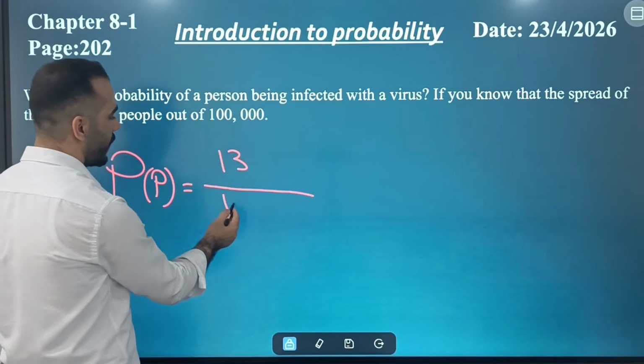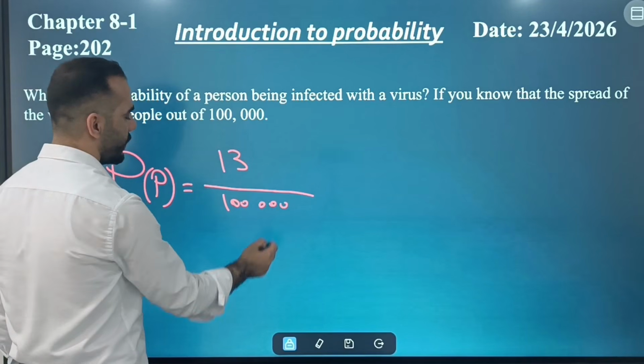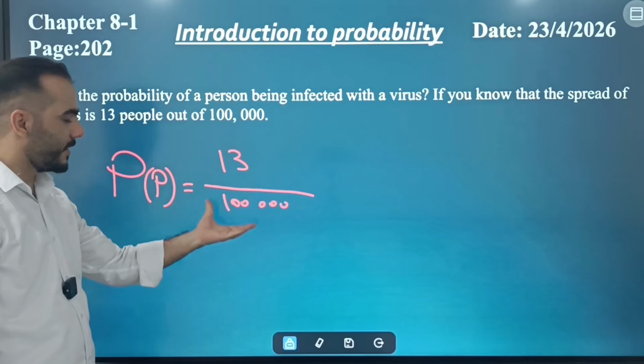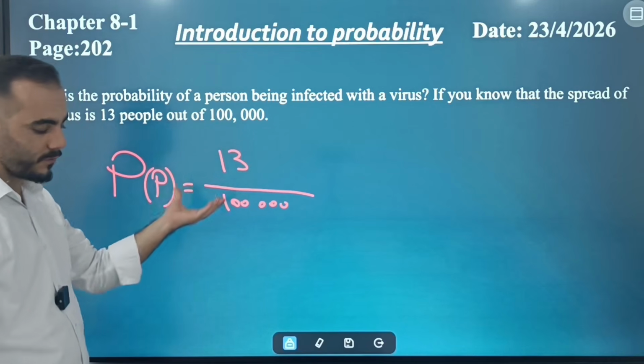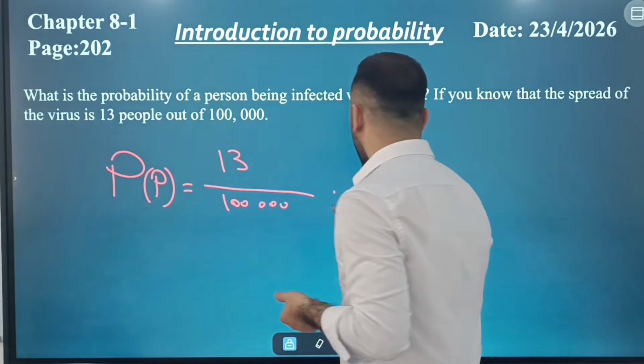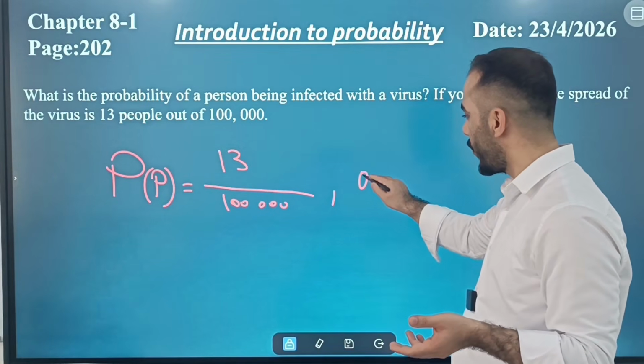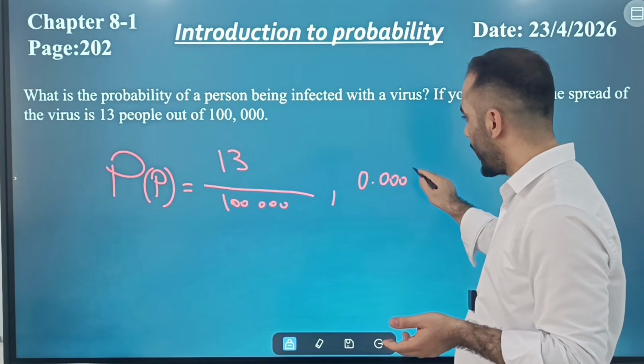Out of 100,000. We can write it as a fraction, or you can turn it to decimal form, which is 0.0013.